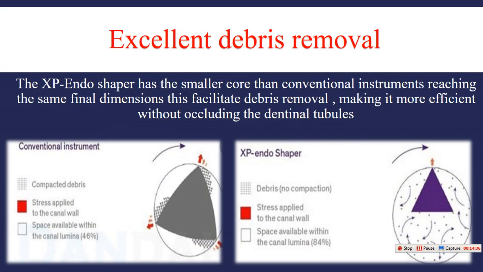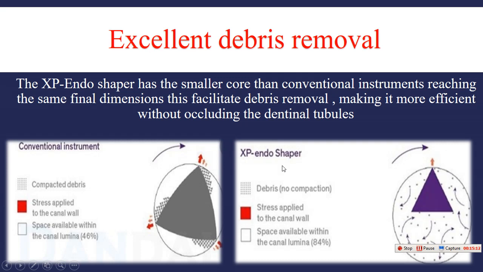Another benefit: excellent debris removal. As seen in this picture, because of its small core diameter and its turbulent action, it can activate the irrigation solution. Also because of its small core diameter, studies show the space created by this instrument is 84%. The benefit of this space is that debris can be removed coronally easily, and also if the instrument fractures it can be removed easily.